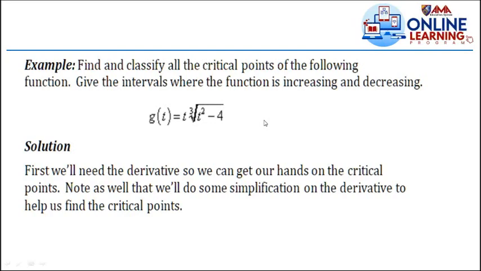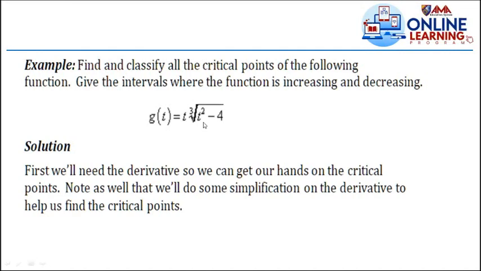Okay? So, multiplication po tayo, no? This one represents our u, this one represents our v. So, if we're going to get the first derivative of u times v, we have u dv plus v du. So, our u is equal to t, our v is the cube root of t squared minus 4.